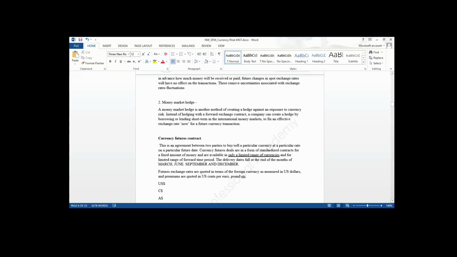The amount I'm going to deposit now, plus the interest I will receive on my deposit, must equal $50 million in 6 months. That means I'm planning towards that payment. Once I have deposited money now, I will wait till 6 months. When the payment is due, I will just liquidate my deposits. I'm going to get 50 million US dollars, and I'm going to pay my supplier.